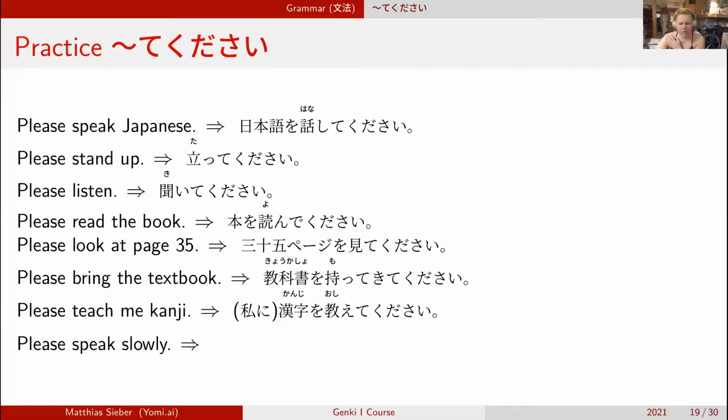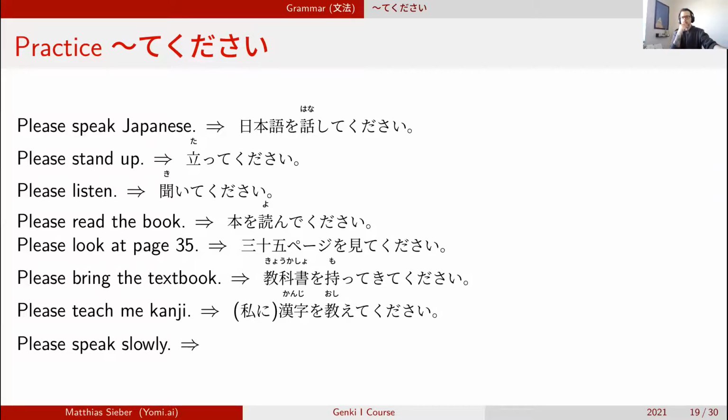Yukkuri. So yukkuri hanashite kudasai? Close. So we have hanasu is a godan doshi, right? So the su needs to be replaced. Okay.